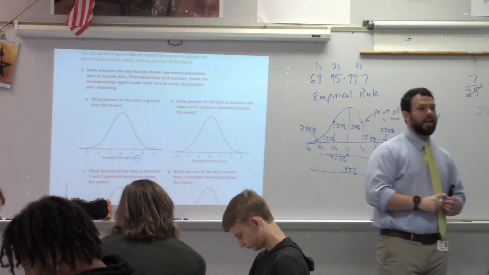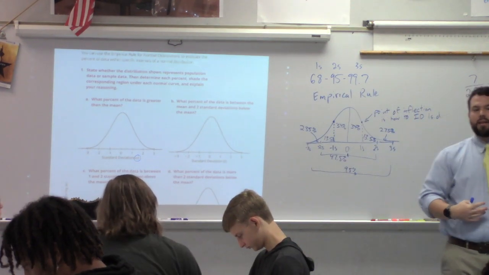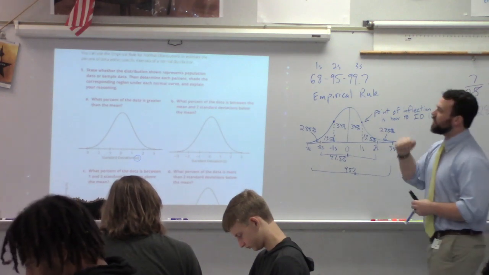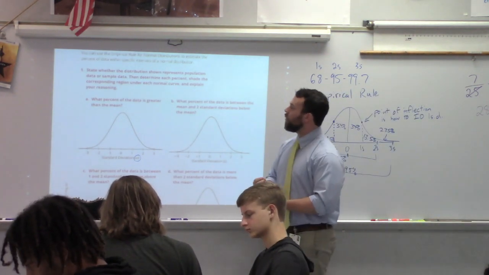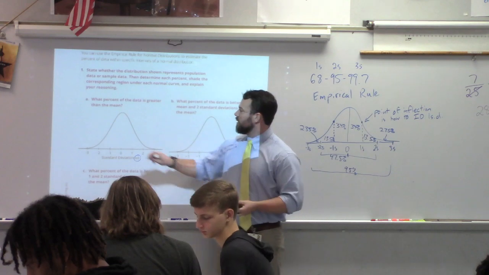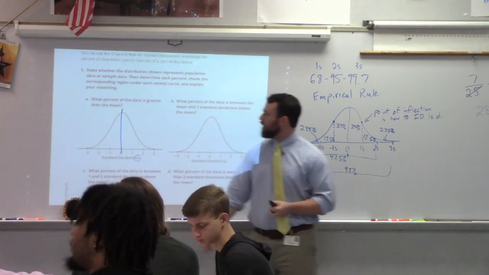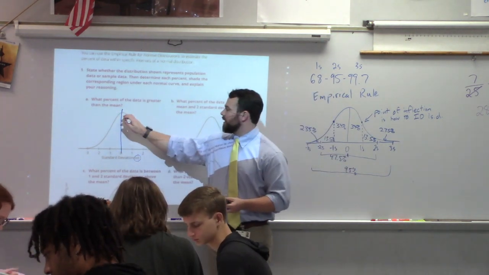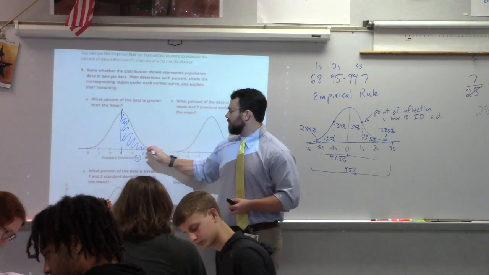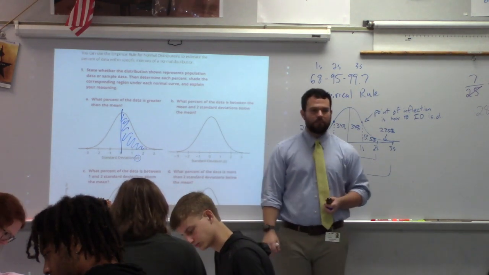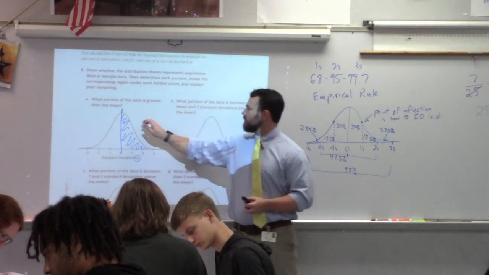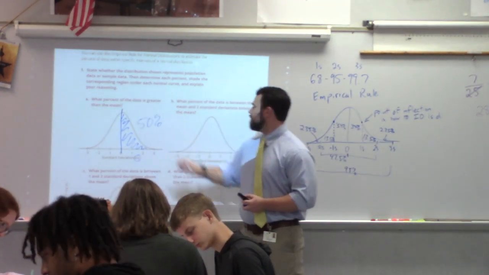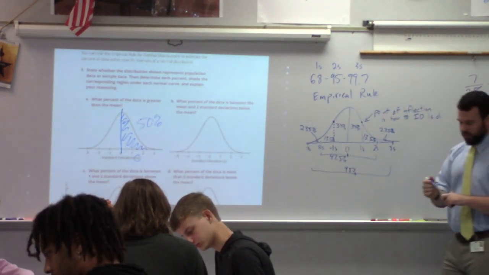Sigma is a parameter, meaning it goes with a population. So then what percent of the data is greater than the mean? What we want to do is shade. So here's the mean, and where would I shade? To the right. Everything above? So what percent is that? 50%. Yeah. Complete B, C, and D within your small groups.